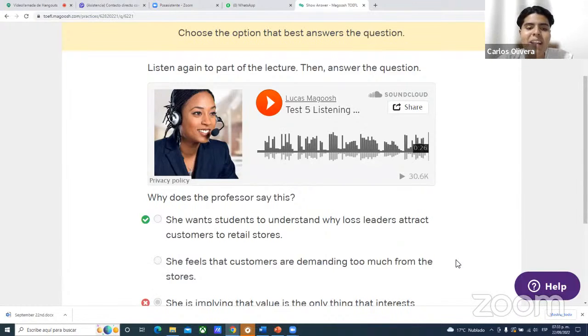So this is the reason why the professor mentions in this particular phrase, that they are always concerned about the price and how affordable some products are. And this is the reason why this technique works very well, right?